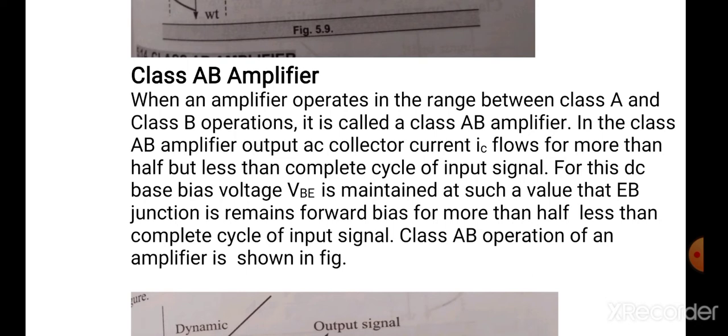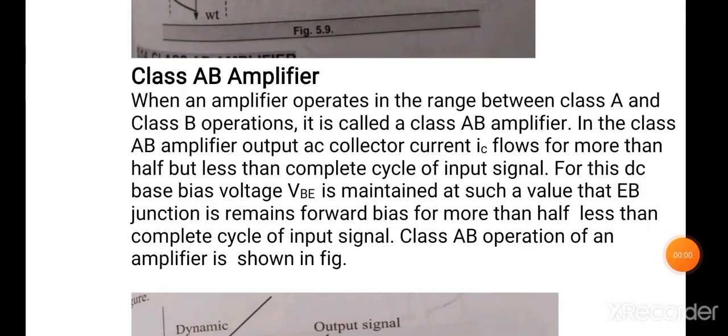In a Class AB amplifier, the output AC collector current IC follows more than half but less than the complete cycle of the input signal.